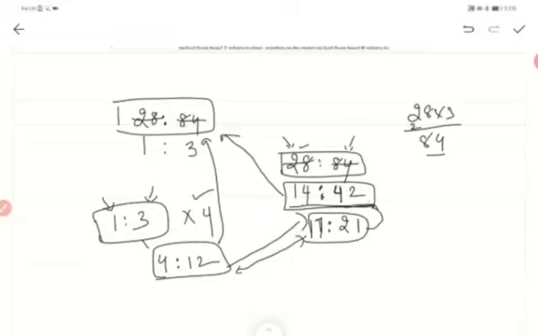All these are equivalents of the basic ratio given, that is 28 is to 84. Sometimes we divide with 2 and sometimes we multiply with 4 for 1 is to 3. All these are just equivalents of the given ratio.